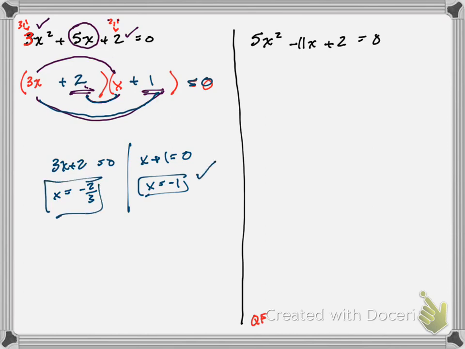Okay. I'm going to challenge you. I'm going to encourage you to try this one in the same way that we've done the others. See what happens. But for this example, I'm going to demonstrate using the quadratic formula.